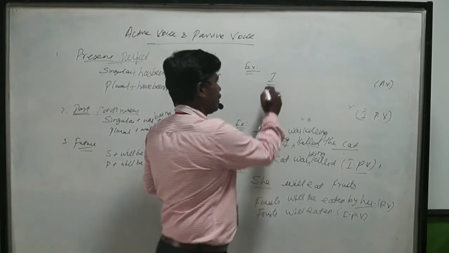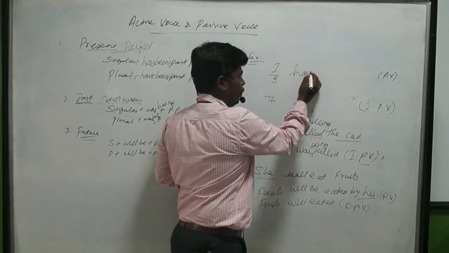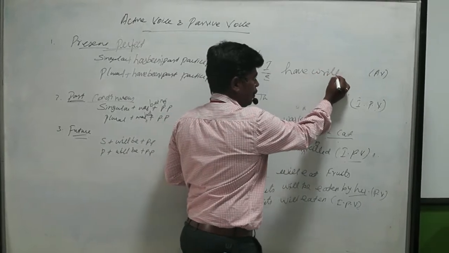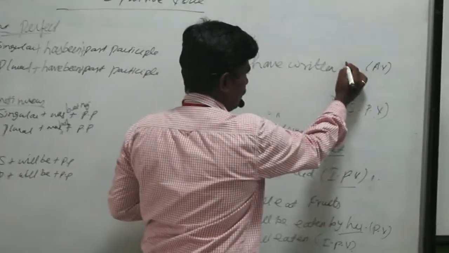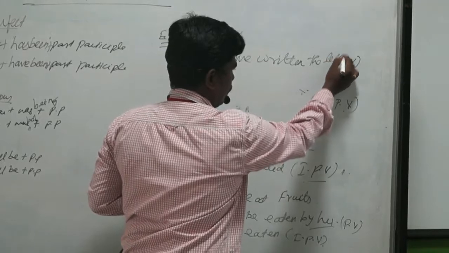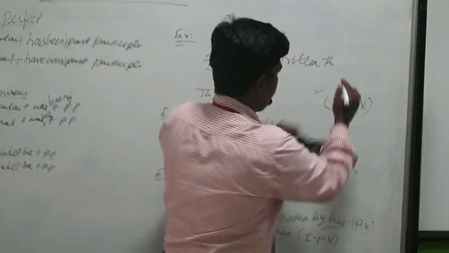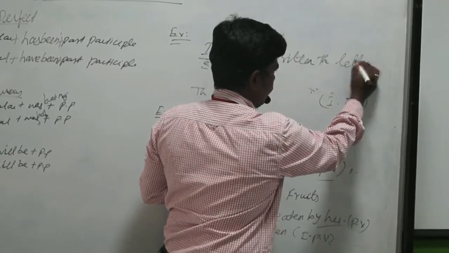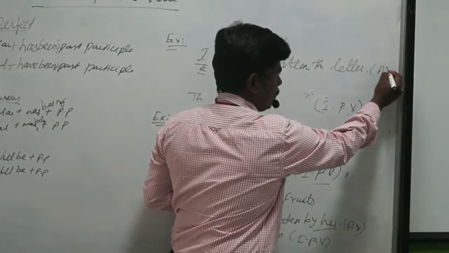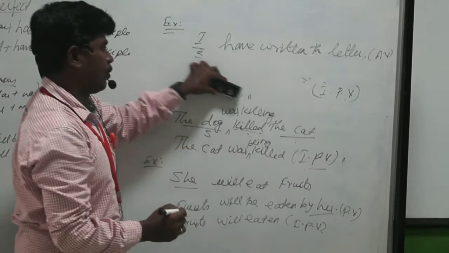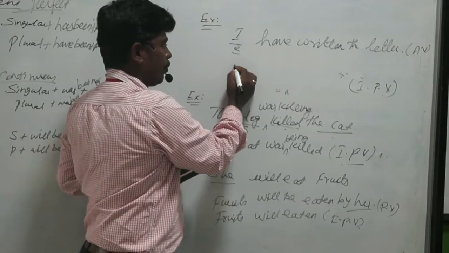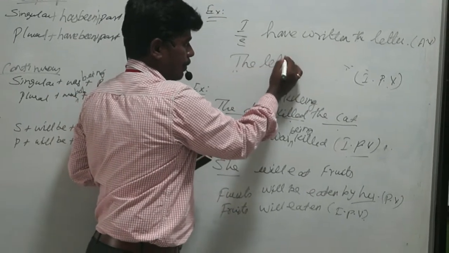So I have written the letter. It's an active voice. Then we know the answer: the subject comes as an object, the letter.